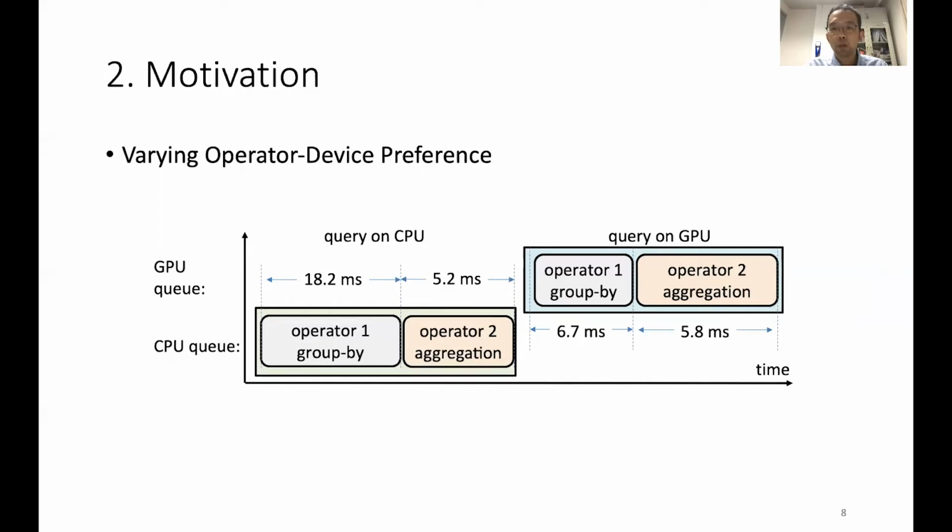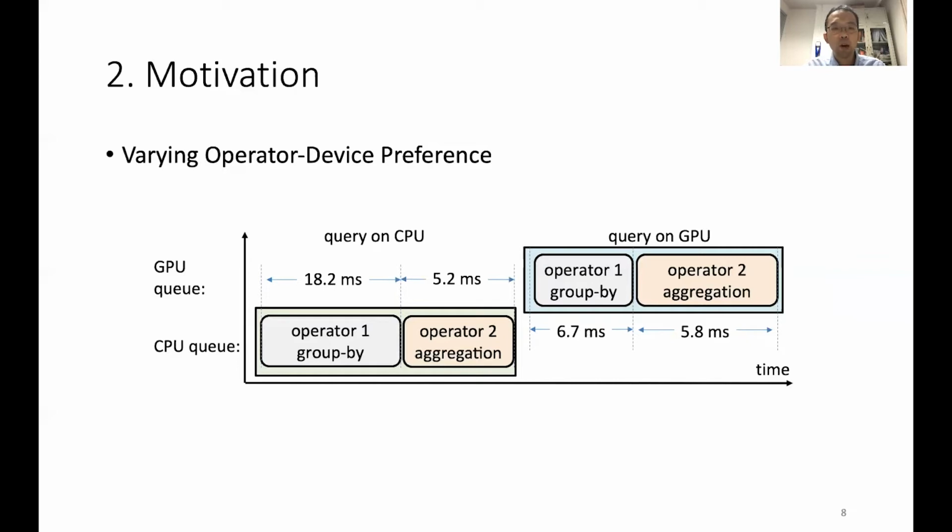The window size is 256 tuples, and the window slide is 16.4. Each batch contains 64,000 tuples, and each tuple is 32 bytes. The input data are synthetically generated, which is described in our paper.